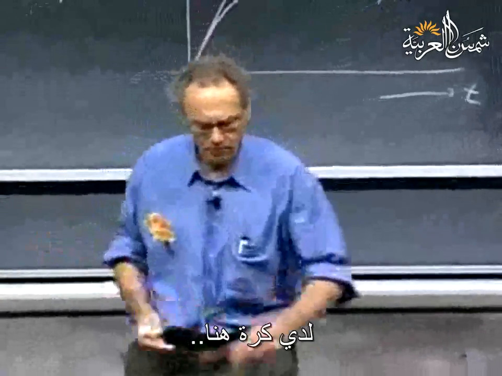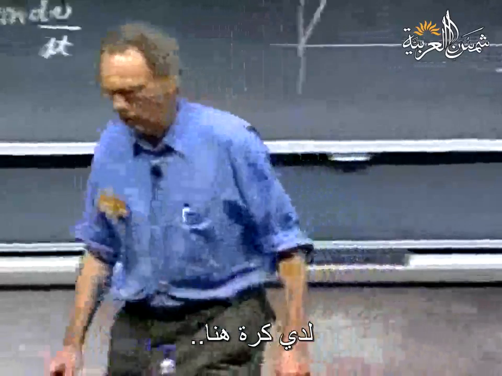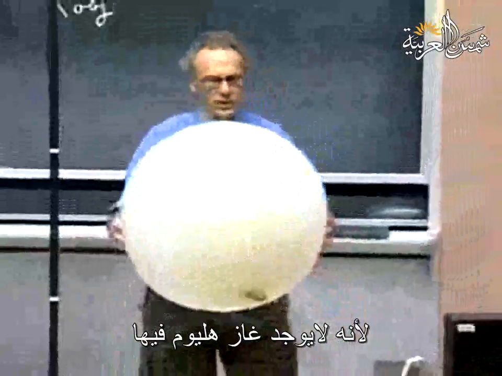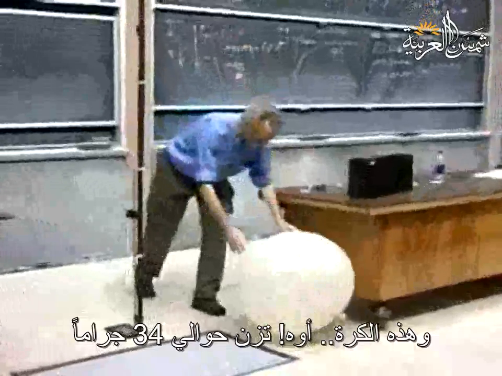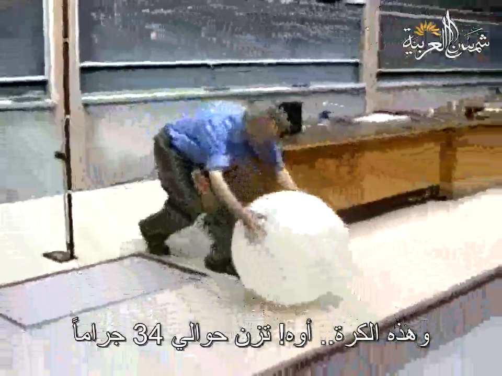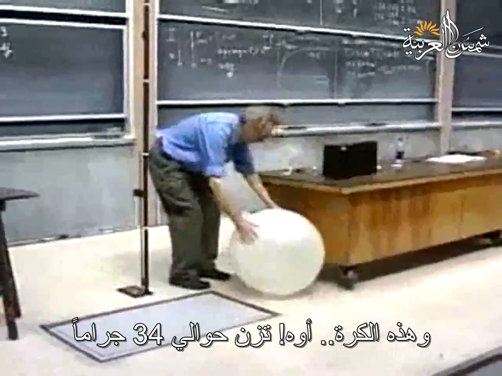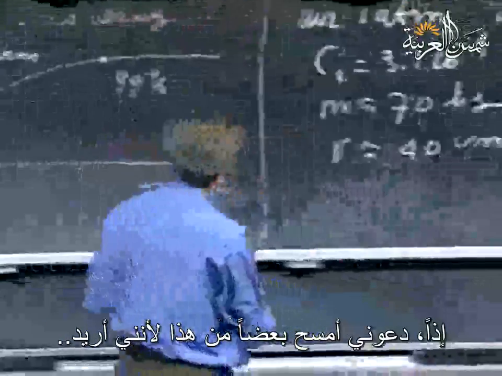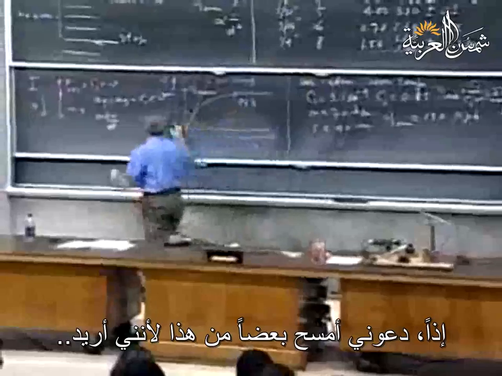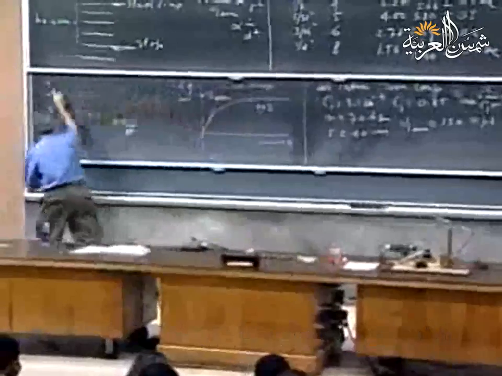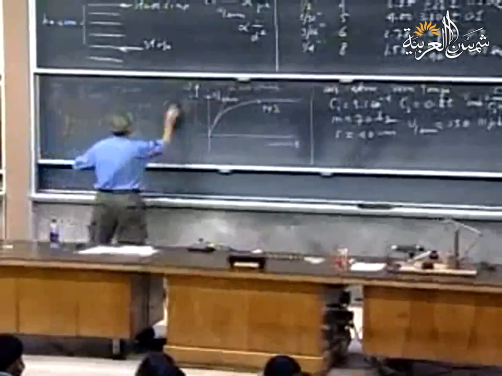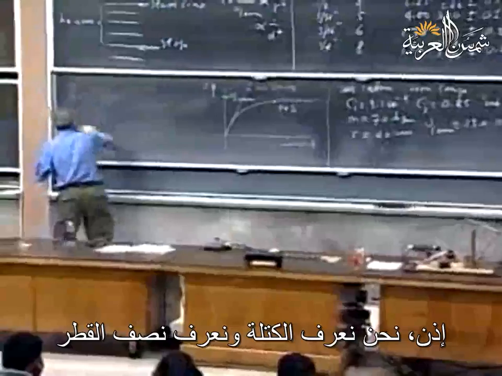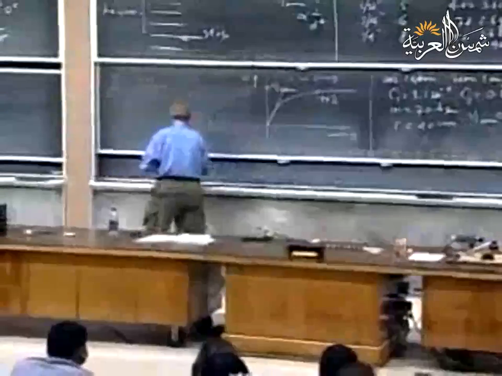I have here a ball. You may call it a balloon, but I call it a ball because there's no helium in it. And this ball weighs approximately 34 grams. So we know the mass and we know the radius.